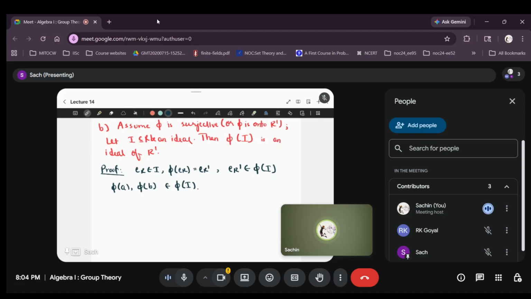It is the set of all images of elements in I, so it is the set of all phi of A such that A is in I. So two elements would be phi of A and phi of B, where A and B are elements in the ideal.